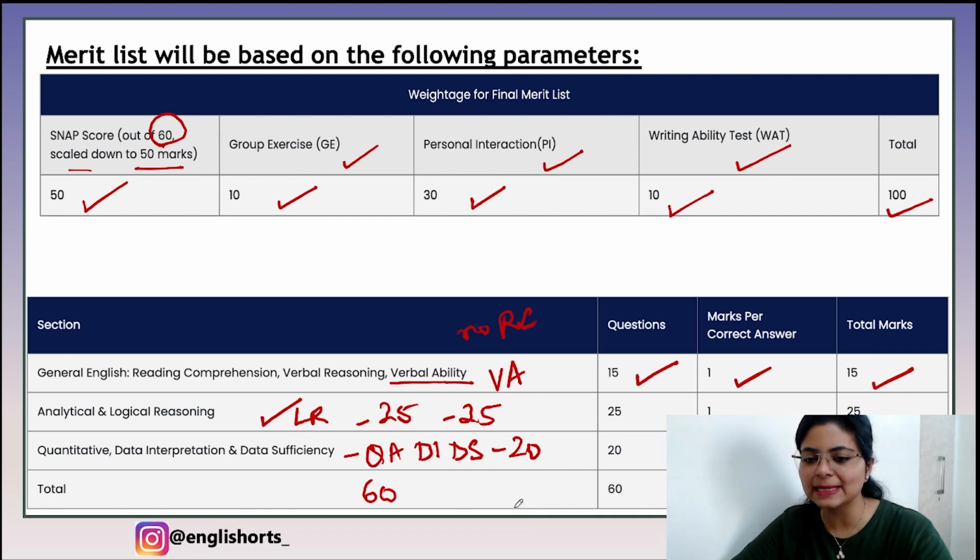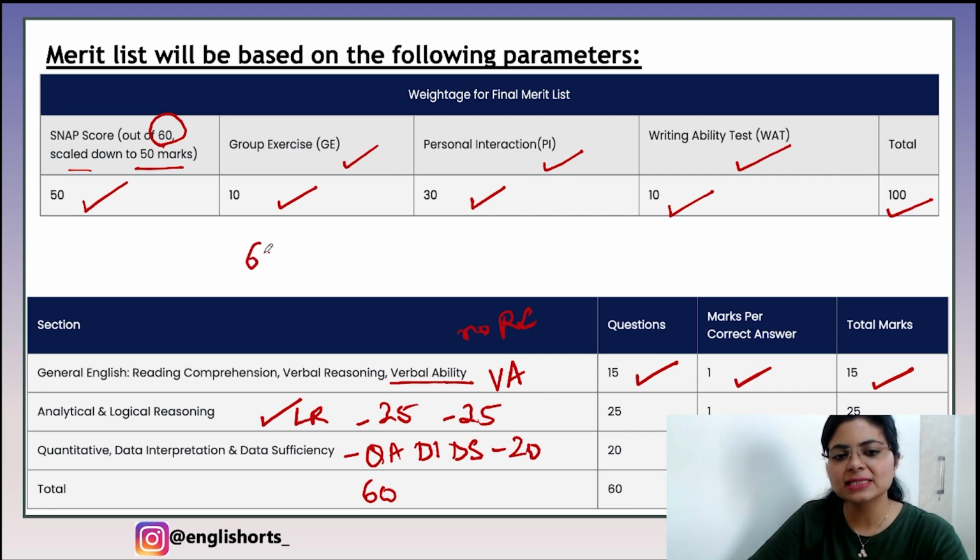I just realized that probably you can't see the right bottom of the screen because I think my video must be appearing there. So I have written it for you here to avoid that inconvenience, and I apologize for the mistake. So then VA is going to cost you 15 marks, no RCs, LR 25 marks, maximum weightage, QA DI DS 20 marks, 60 marks, 60 questions, 60 minutes.